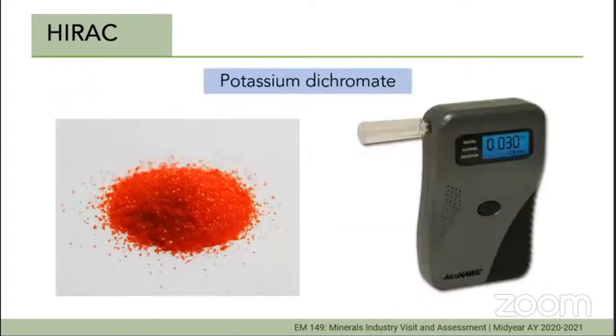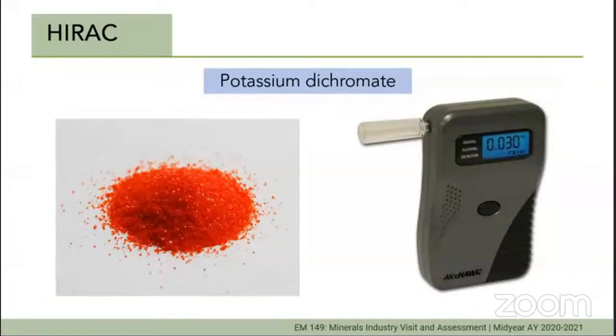All right. So we have here a breathalyzer. Okay, so familiar ba kayo sa breathalyzer? So this is a certain equipment kung saan mag-exhale yung isang specific person, so they would be able to know kung nakainom ba sila ng alcohol. Okay, so it's an indicator of that.